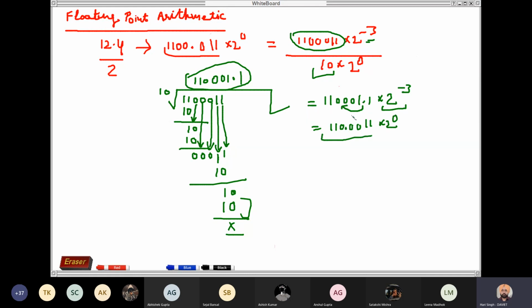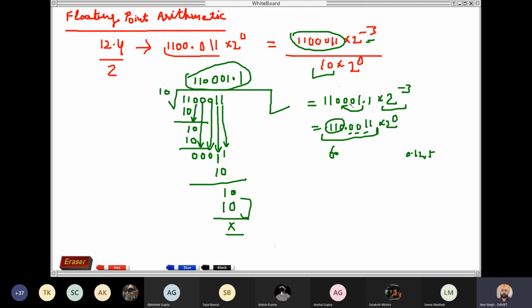Now convert this value into decimal to verify the result. Now on the left side you can see this value is 110. It means it is 6, then point. Then it is minus 1 place, minus 2 place, minus 3 place. Minus 3 means 0.125.